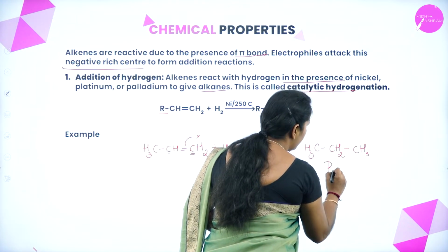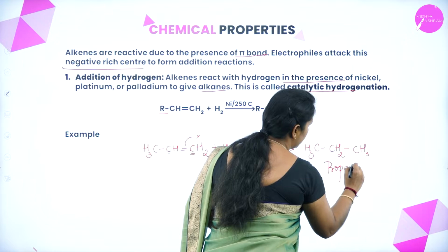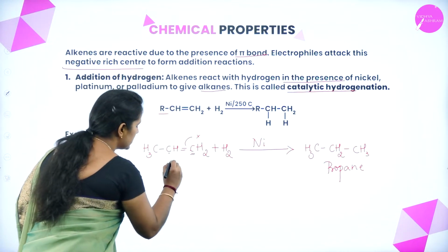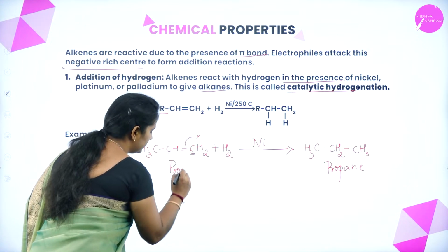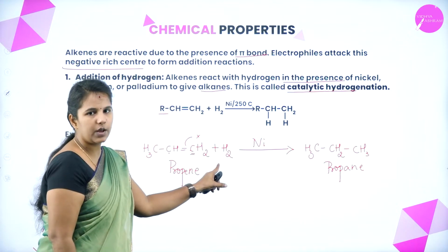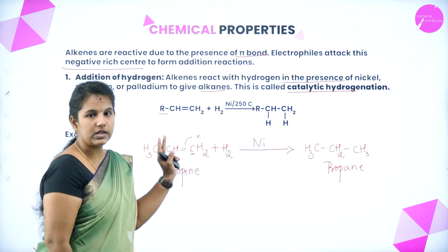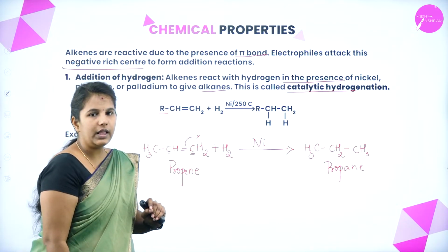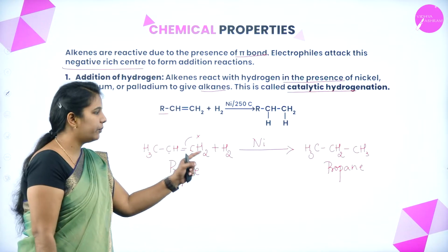This is propane. And this is propene, because between the first and second carbon atom there is a double bond. During the reaction, if you add the hydrogen, it will become propane.